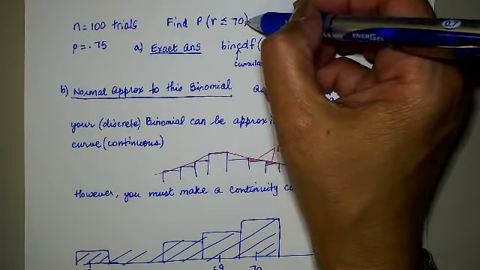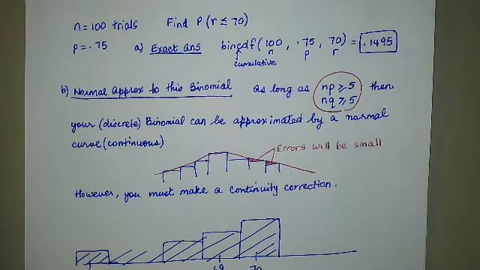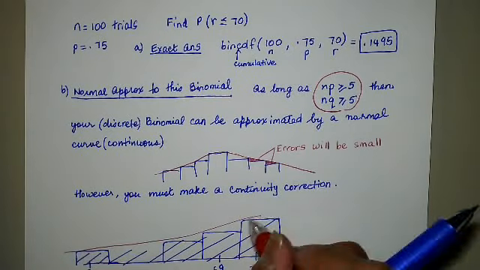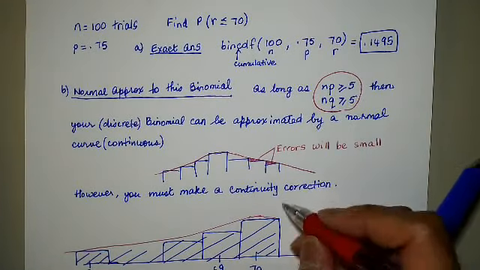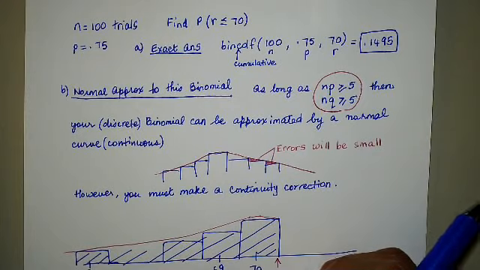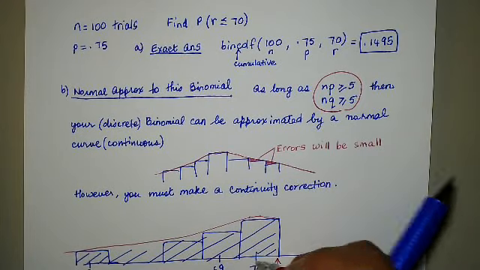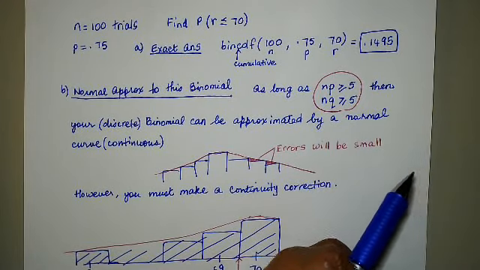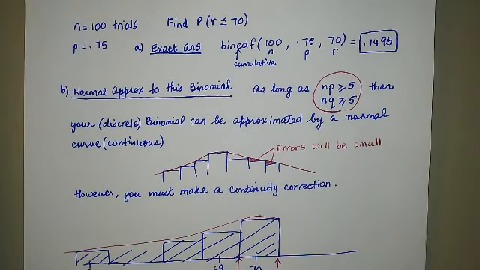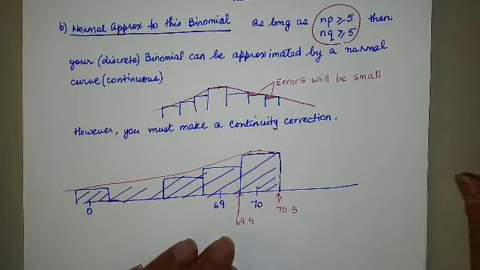That's what I'm interested in when I say r less than or equal to 70. However, if this is some curve like this, then you see that this bar actually ends at 70.5 because this bar for 70 stretches from 69.5 all the way to 70.5.